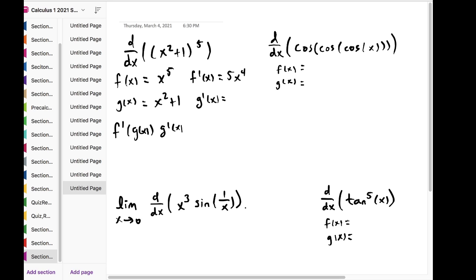Yes, 2x. Okay, so plug everything in. Plug g of x into 5x to the fourth. You get 5 times (x squared plus 1) to the fourth, times 2x. So you get 10x (x squared plus 1) to the fourth.